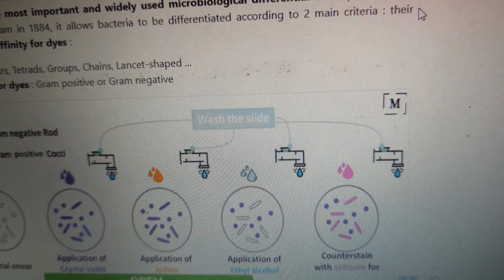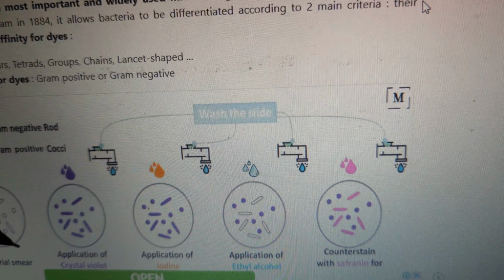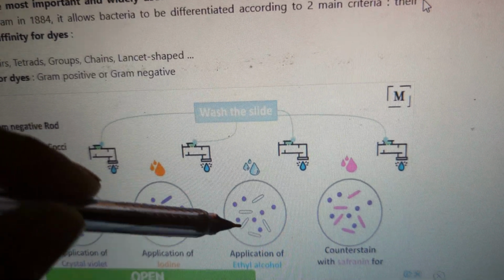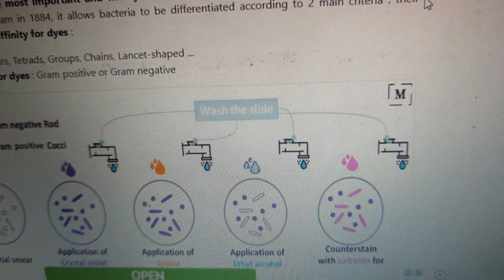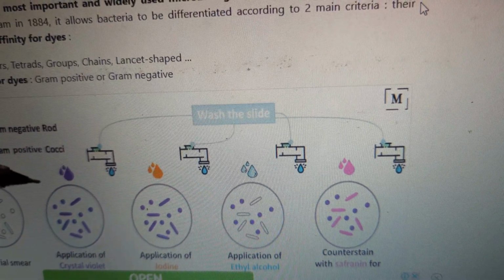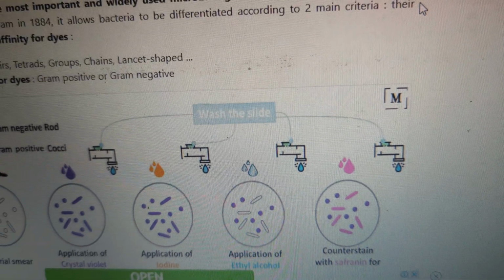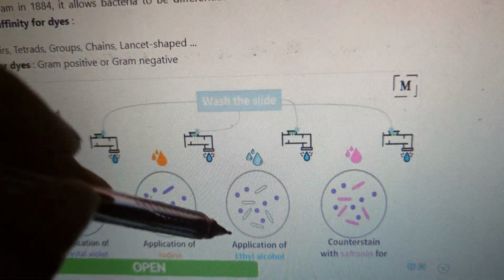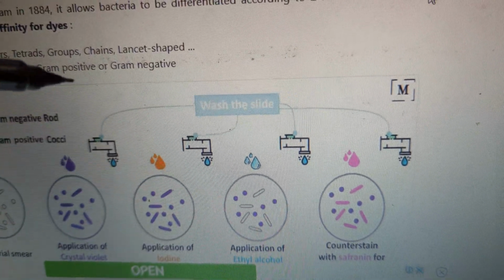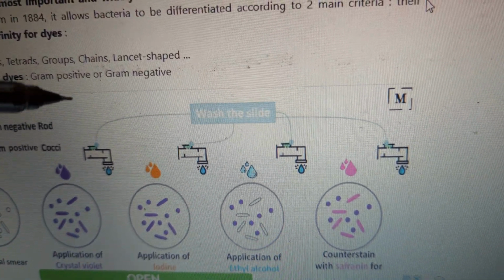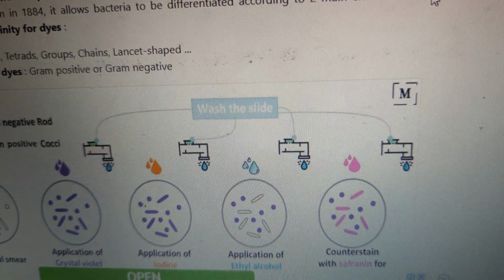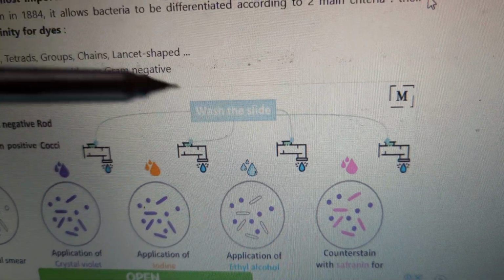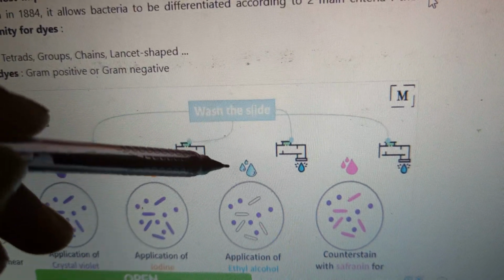The crystal violet is retained in the gram positive when we apply the decolorizer because of that thick cell wall. Okay, so anyway, at this point in the steps, we would have purple gram positive bacteria if it was a gram positive specimen, and if it was gram negative, we would have colorless bacteria on this step.